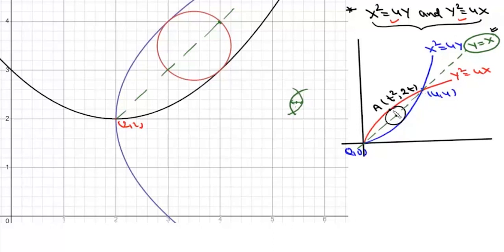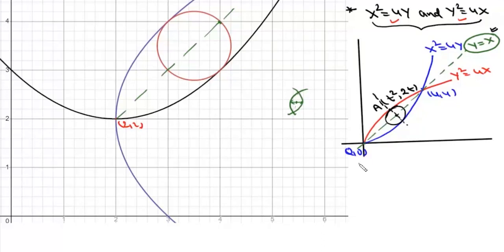Now at this point A, this circle and parabola will be tangent to each other. That means the normal to this parabola will also be normal to the circle. So the normal to the parabola at this point A will pass through the center of the circle.